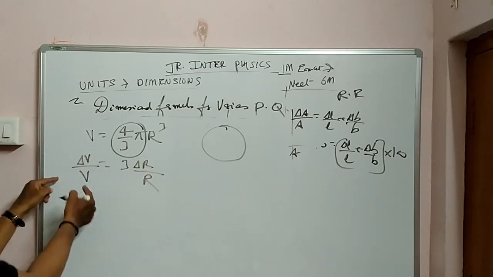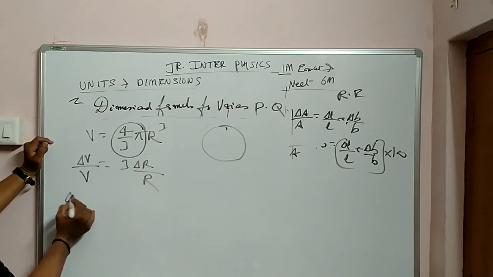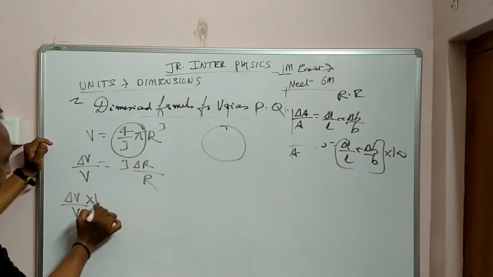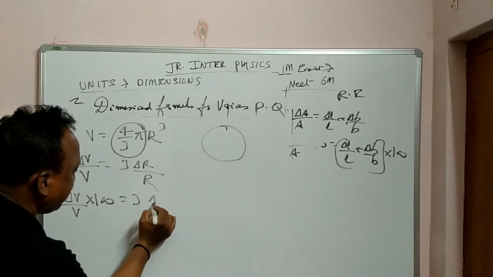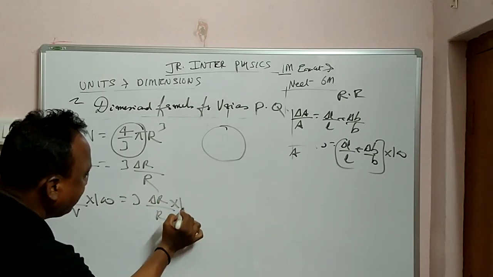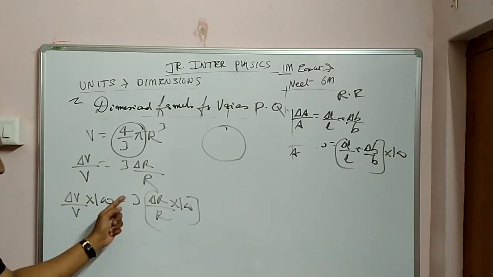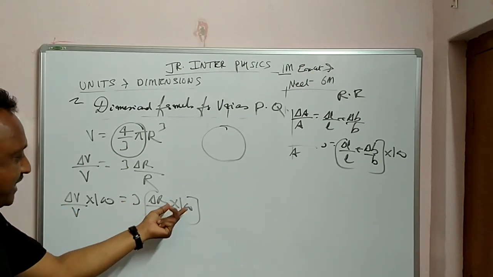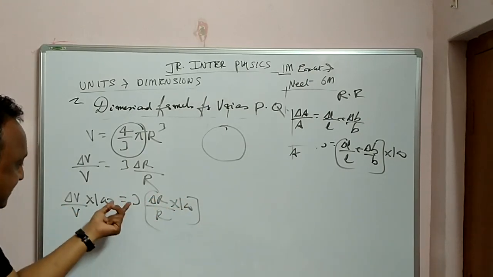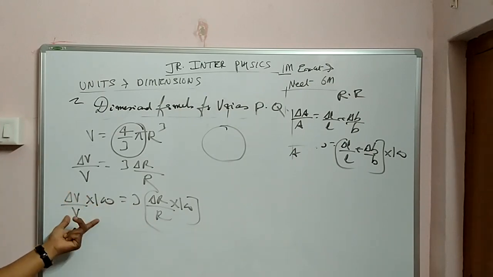Now percentage, this is the relative error. Percentage error means delta V by V into 100 is equal to 3 into delta R by R into 100. That implies 3 times the percentage error in radius is equal to 1 time the percentage error in volume.